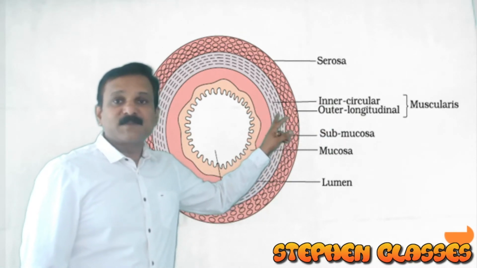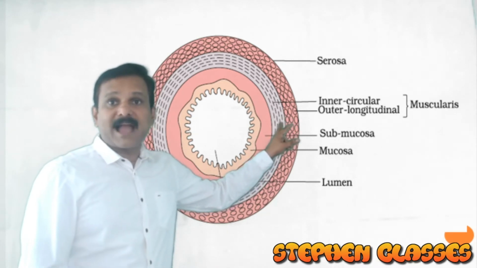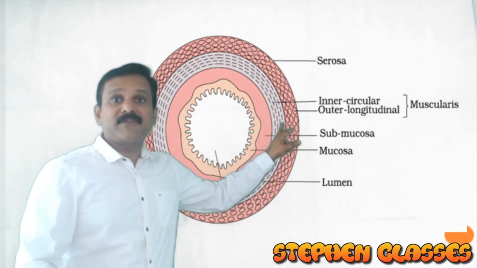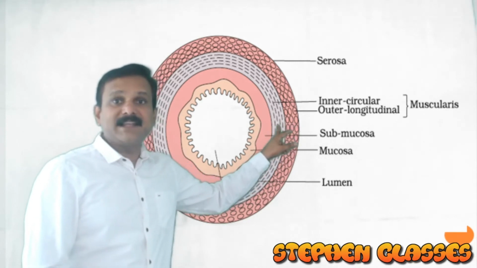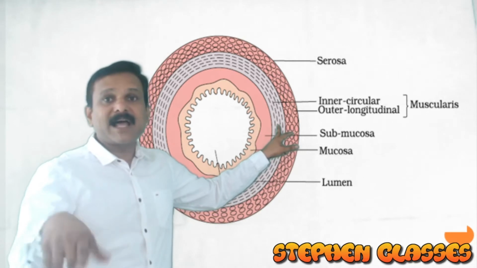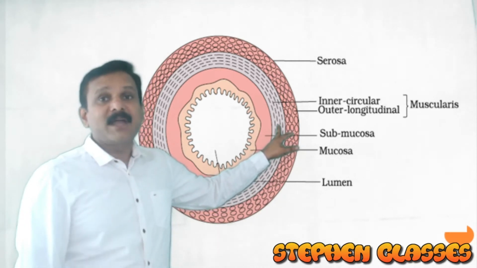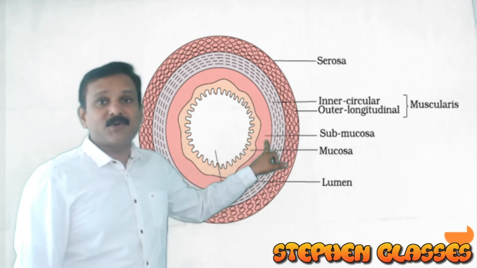And the smooth muscles are arranged in a peculiar manner. The outer region has longitudinal smooth muscles, and the inner region, shown here in the gray portion, has circular muscles. So outer longitudinal and inner circular muscles, and inner to that you can see the submucosa.